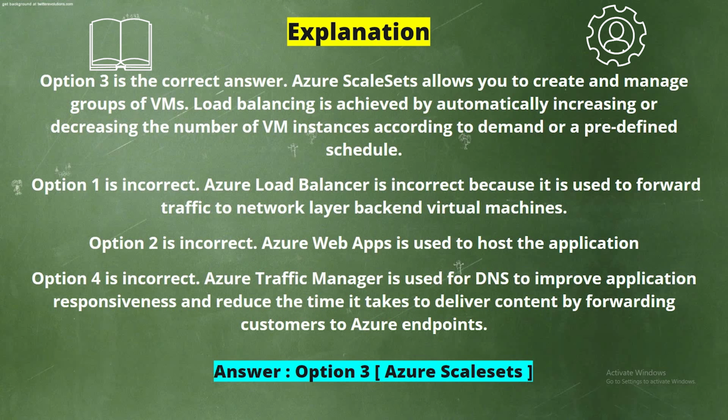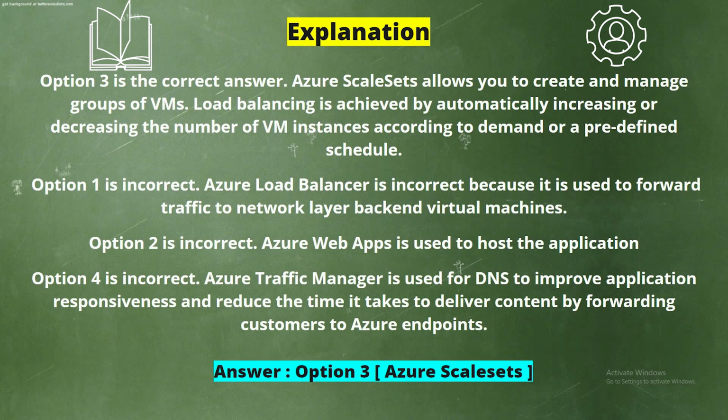Azure Scale Sets allows you to create and manage groups of VMs. Load balancing is achieved by automatically increasing or decreasing the number of VM instances according to demand or a predefined schedule. Option 1 is incorrect. Azure Load Balancer is incorrect because it is used to forward traffic to network layer backend virtual machines.